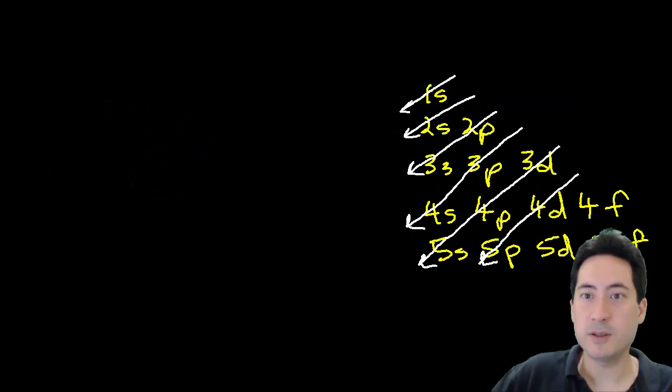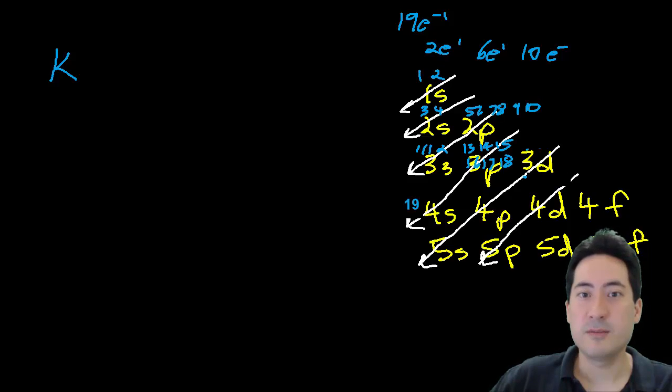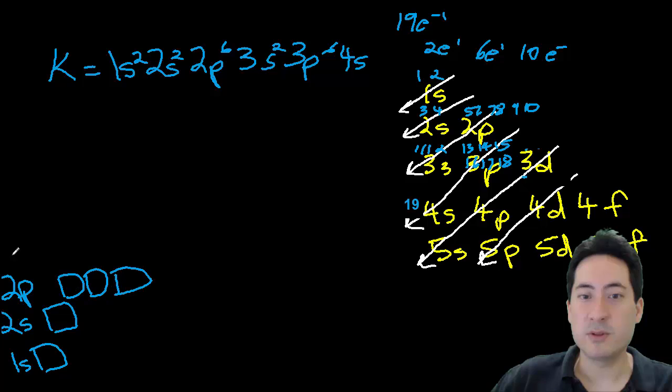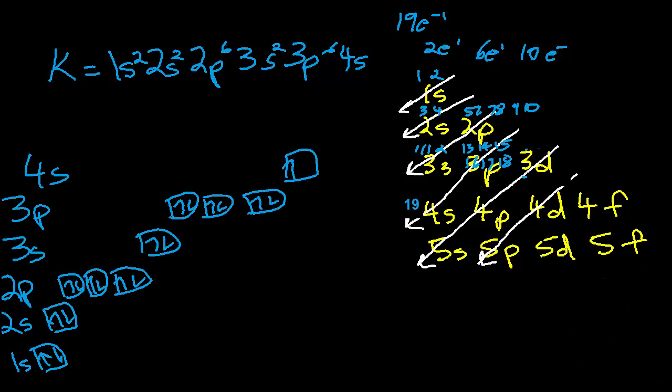Potassium now, with 19 electrons, and so I'll have 10 electrons that can go in the d's, and so I just count off 19, making sure I count off 6 in the p's: 1s2, 2s2, 2p6, 3s2, 3p6, 4s1, and then we just draw the orbitals in there all the way up to 4s.